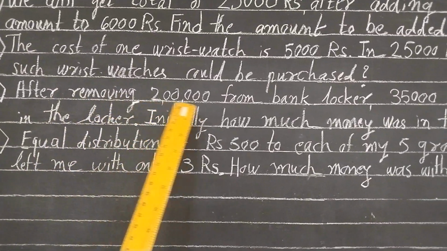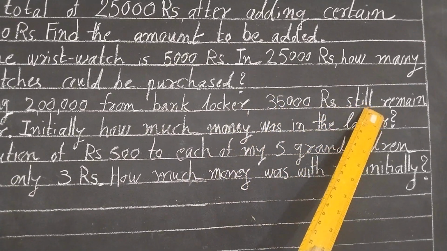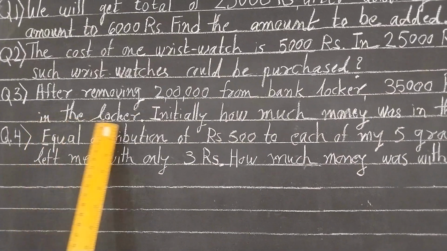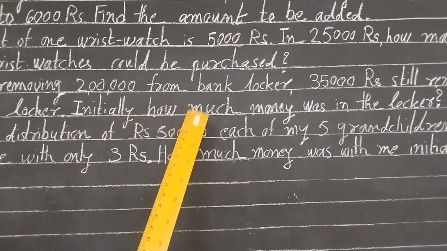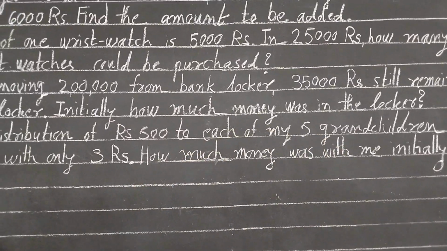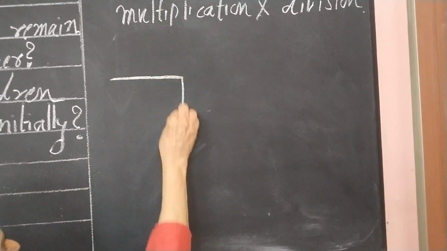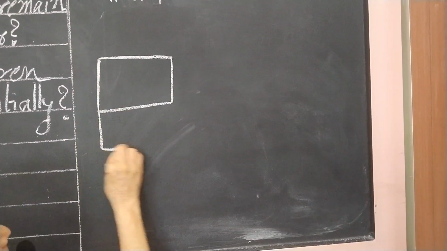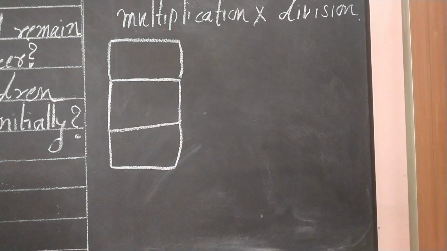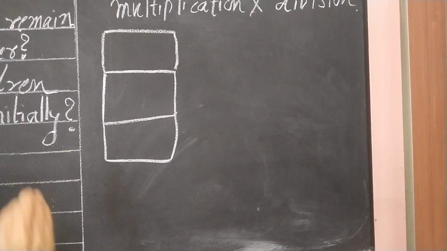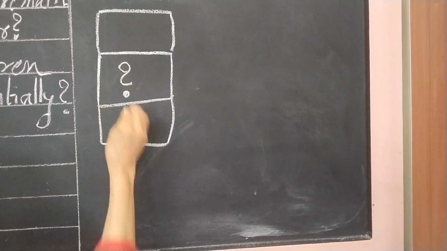After removing 2 lakhs from a bank locker, 35,000 rupees still remained in the locker. Initially, means in the beginning, how much money was in the locker? Now let our imagination run, and here we go. I have entered the locker's room, and these are the lockers, and this one is my locker. But I haven't counted the money which I have put in, and hence initially how much was there? I don't know.